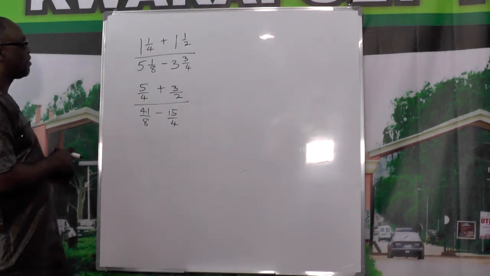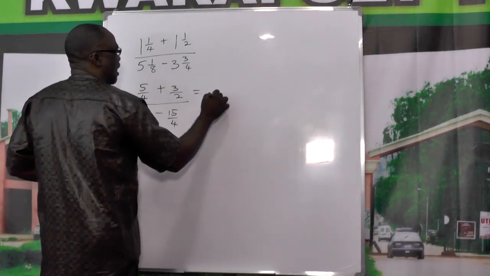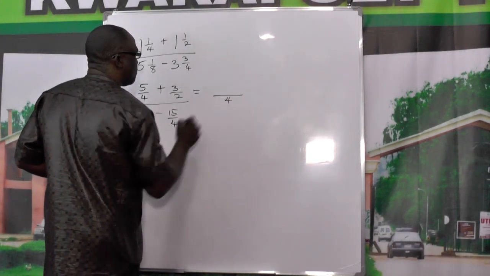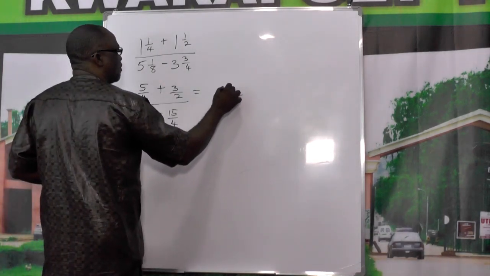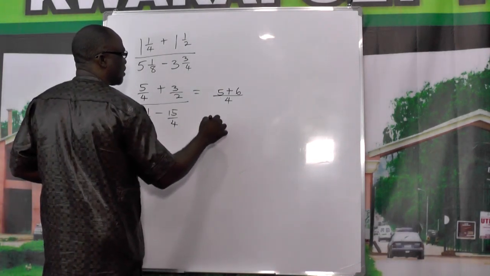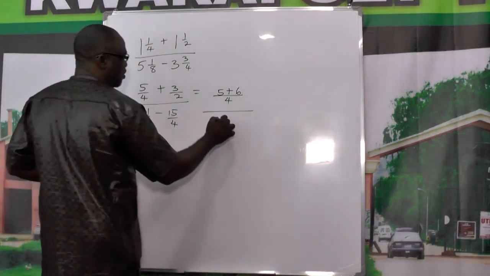Now let's simplify further. The numerator, I have the LCM there to be 4. So this becomes 5 plus 6. Now, let's take the denominator, sorry.